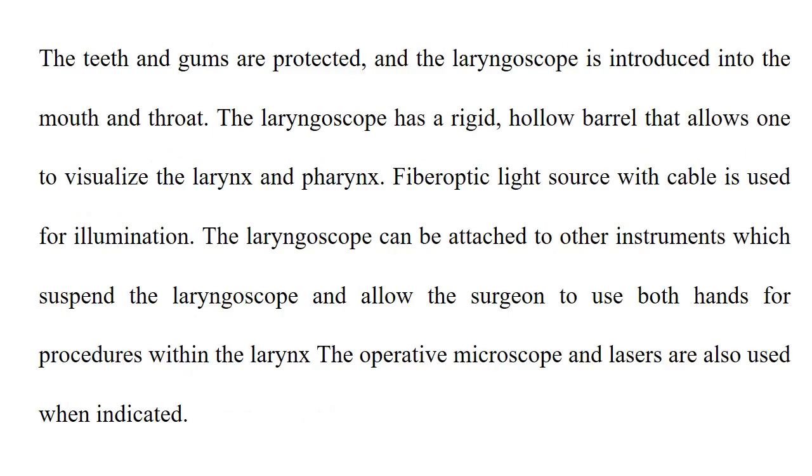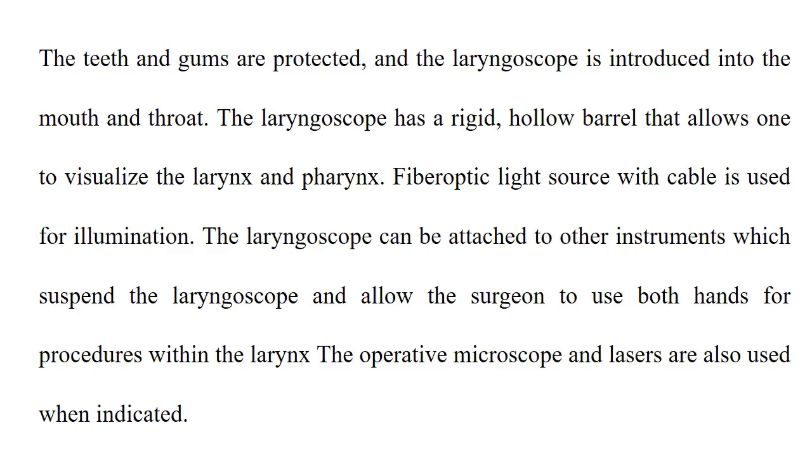The teeth and gums are protected during the procedure with a mold or gauze piece, and then the direct laryngoscope is introduced into the mouth and throat towards the back, bypassing both the valleculae and epiglottis. The laryngoscope has a rigid hollow barrel that allows one to visualize the pharynx and the larynx, and a fiber optic light source with cable is used for illumination.